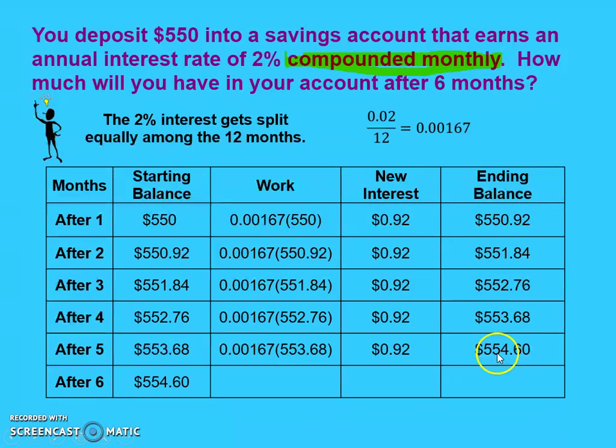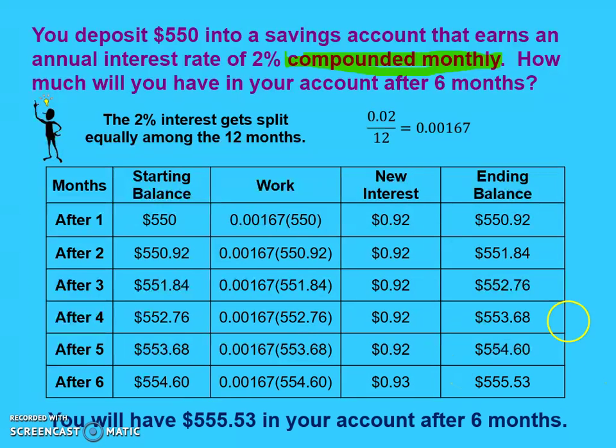And for month 6, take that starting balance again, calculate our percent interest, and finally we get to round up. We're at 93 cents now in interest. So adding that back on to our starting balance here, we now end with a total of $555.53.